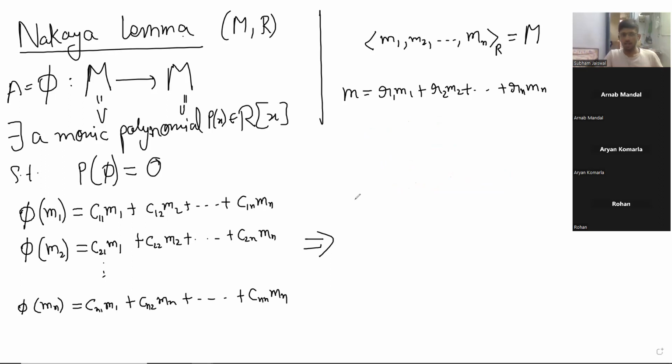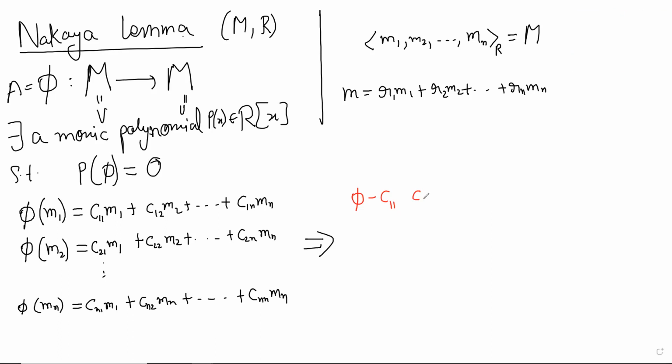So with that understanding, we write like this. C12 dot dot dot C1m. This is becoming a matrix.